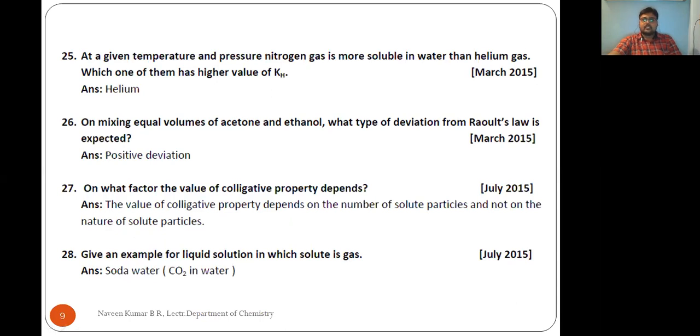Solute as a gas, you take any solution, soda water or soda bottles, you can consider. So any cold beverages where dissolved carbon dioxide as a gas is present as solute in the liquid solvent. Carbonated drinks or soda water, you can relate it as an example.